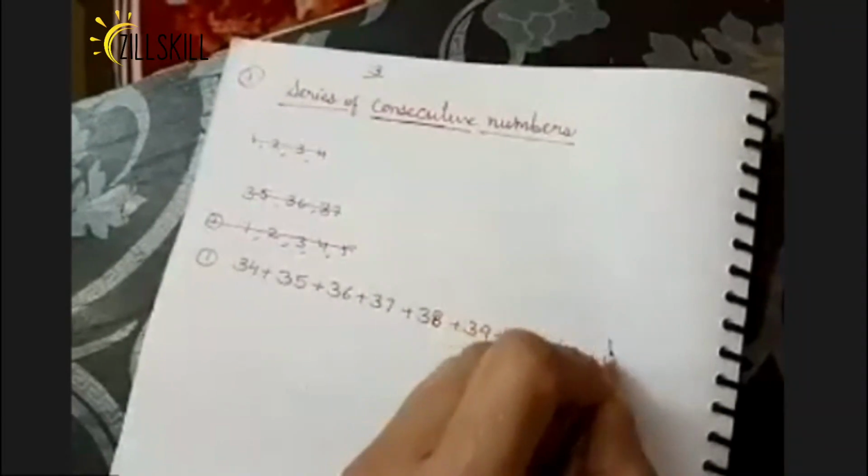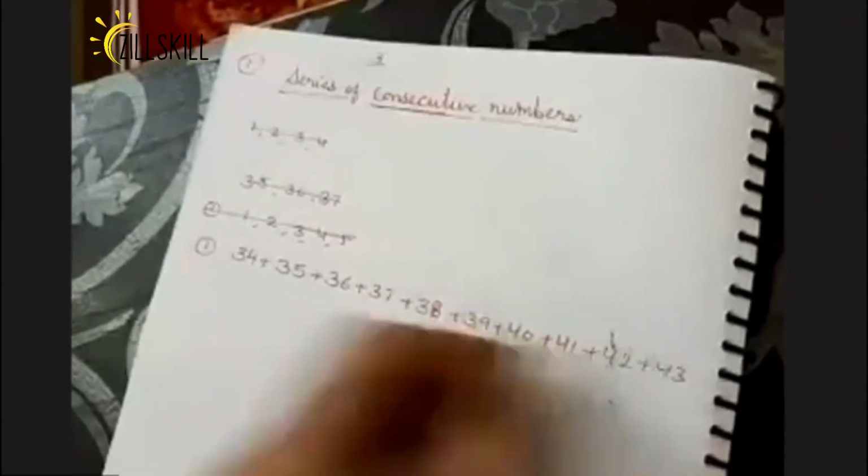See, first question: if we have a consecutive series, taking any number from the middle of the counting, like 34, 35, 36, 37, 38, 39, 40, 41, 42 and 43.